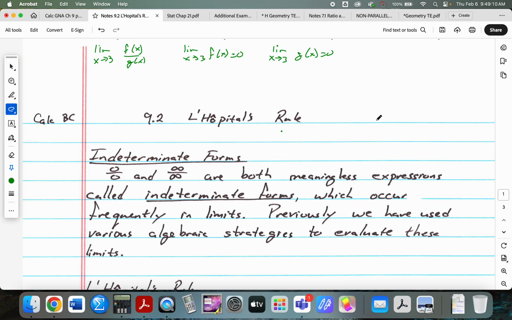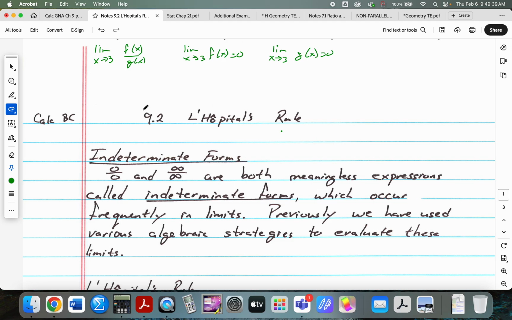The problem, the way I think about it is this. The numerator says it should be 0. The denominator says it should be infinite. Who wins? Right? So what we'll do is we're going to replace f of x and g of x with their tangent lines at x equals 3. Okay, does that make sense?